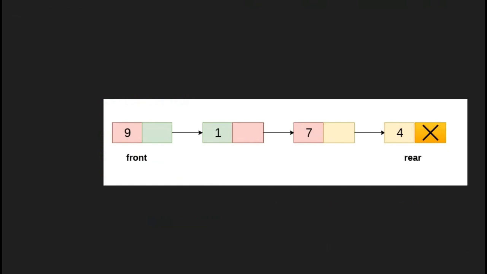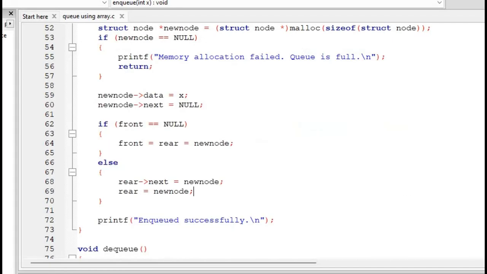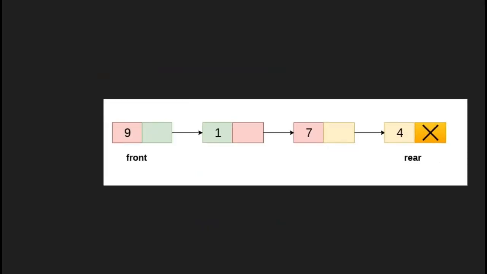That is, if this is rear, this is called new node, right? Rear's next is equal to new node. Rear is equal to new node. Then we are assigning that new node as the last position. For example, if the rear position is 7 and we are adding 4 there, rear's next is equal to that new node. 7 is rear and 4 is the new node.